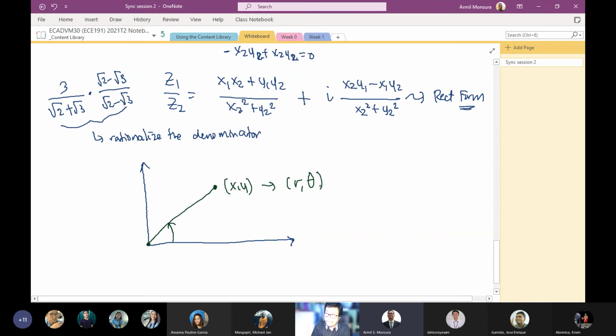So r here is the length of the radial line, which later on we will call the magnitude.